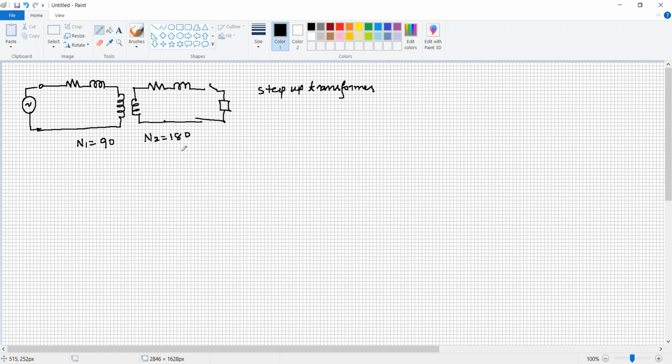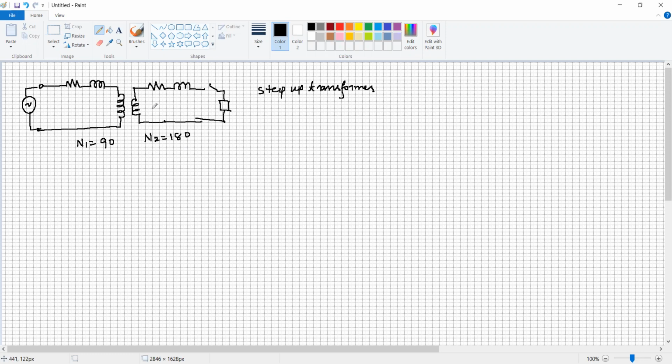The respective resistances are 0.233 and 0.06. Calculate the resistance referred to the primary side and referred to the secondary side, and the total resistance. So here the resistance is given respectively.